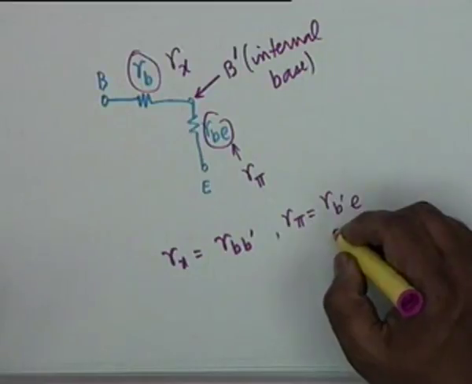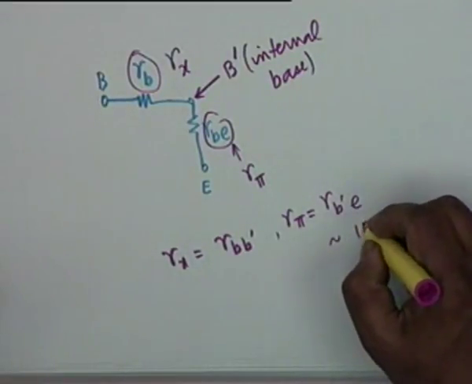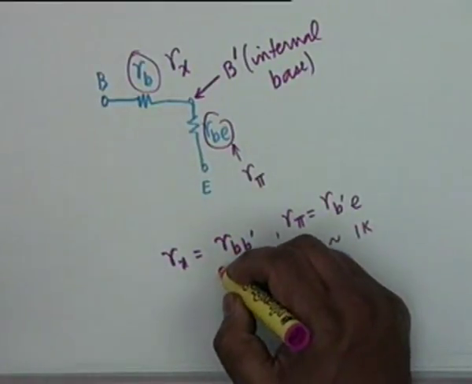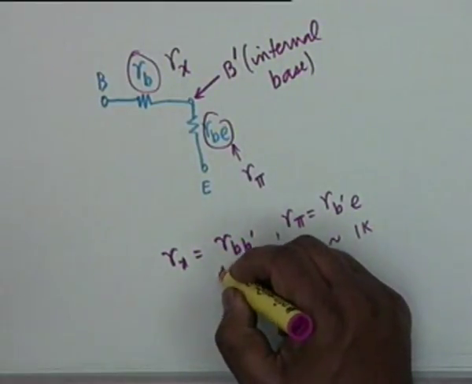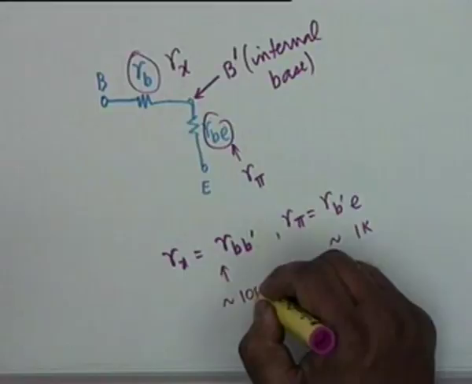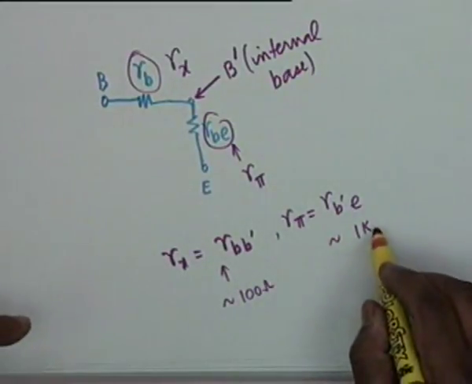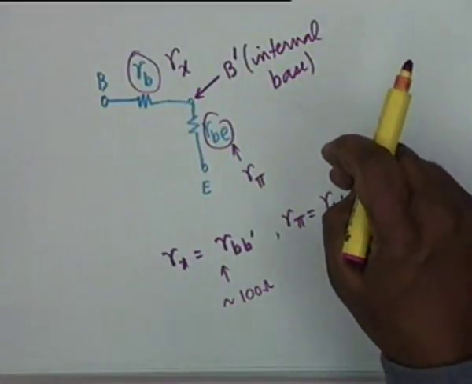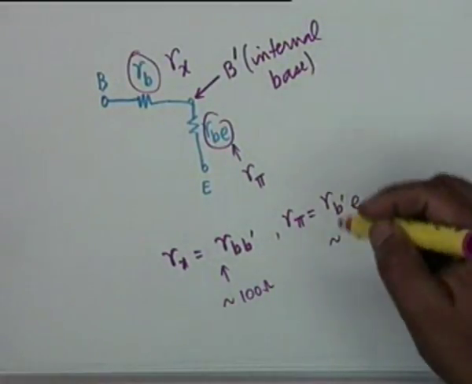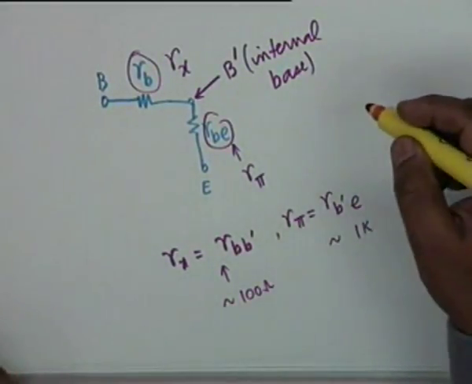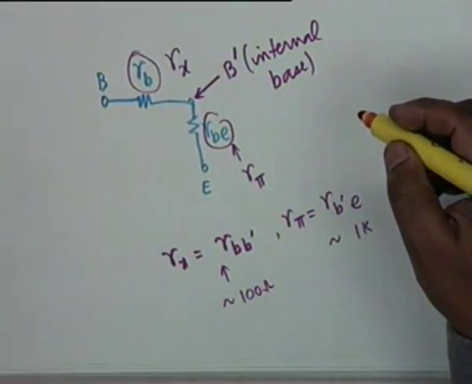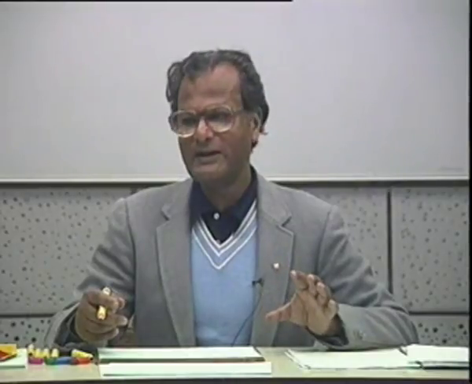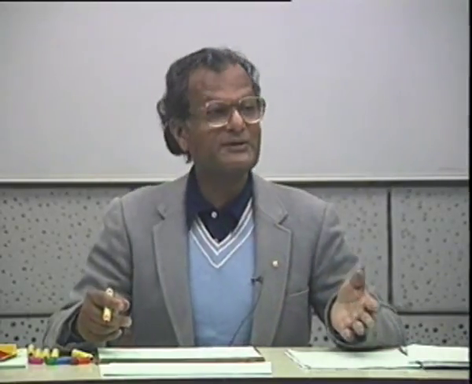Now RB prime E is of the order of 1K, whereas the base spreading resistance is usually a very small quantity of the order of 100 ohms. There is at least one order of magnitude difference between Rx and R pi, and you know in electrical engineering if any quantity is greater than another quantity by a factor of 10, we say the former quantity is much greater.